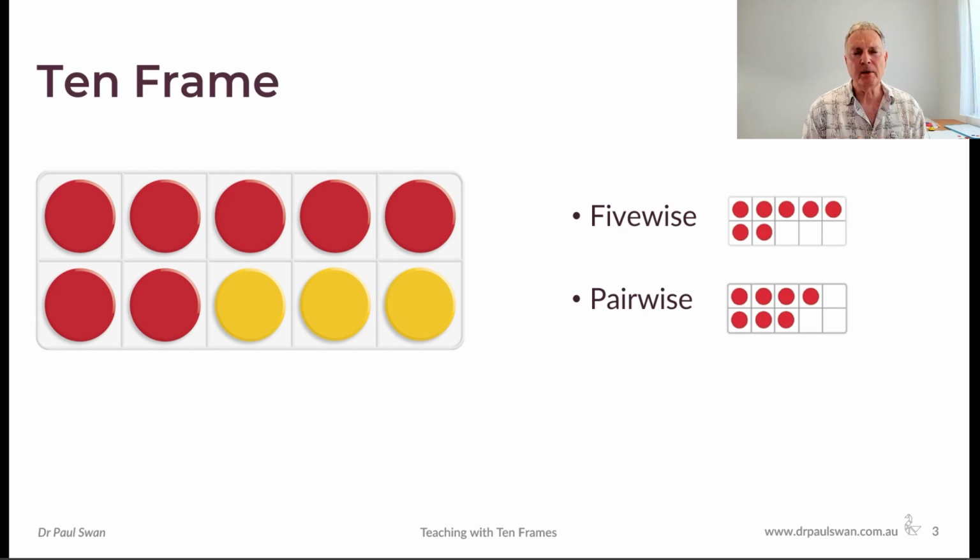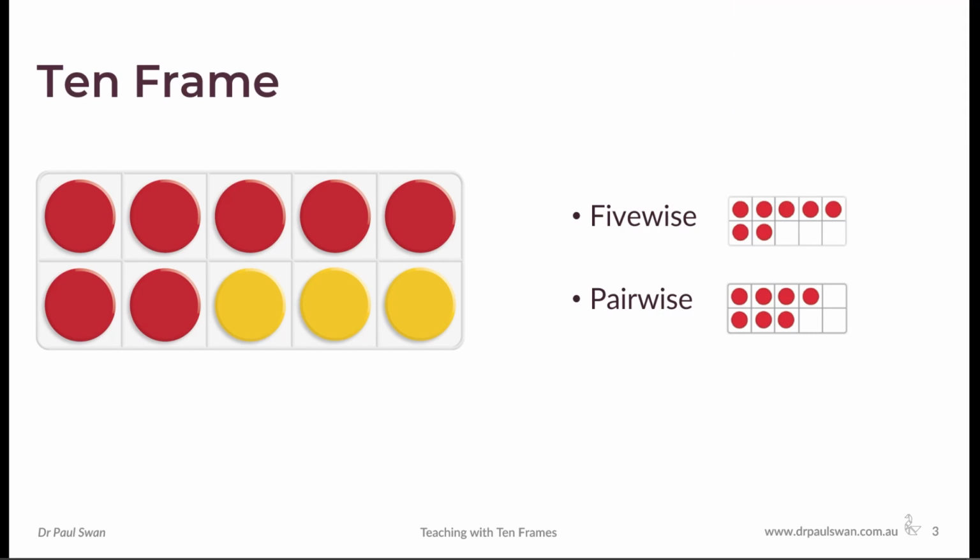One other little comment I'll make is that there are typically 2 ways that you can fill a tens frame. Let's have a look at this 5 frame idea, and I'll take us back into there so you can see it in a little more detail. You'll see that you can have the 5-wise way.